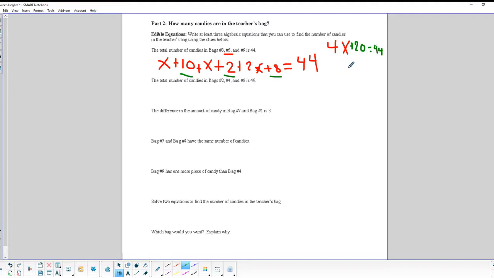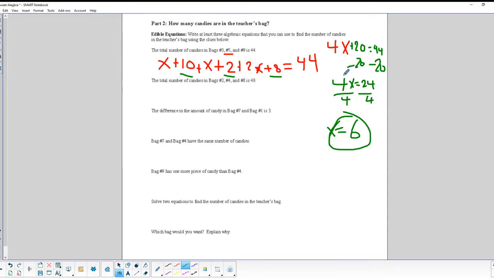So if we subtract 20 from both sides, we get 4x equals 24. And we divide both sides by 4. Lo and behold, we get x equals 6.